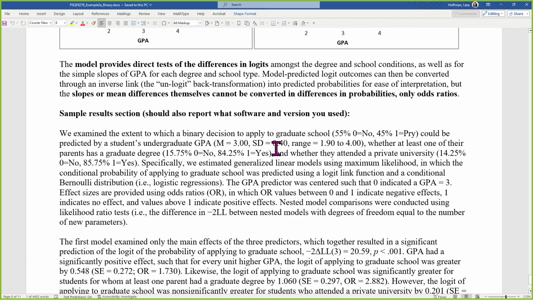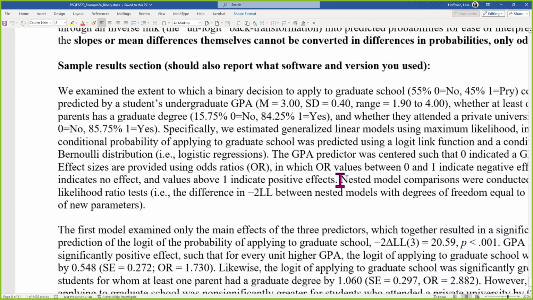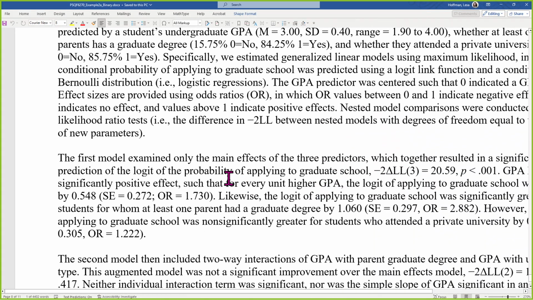Sample results section. All examples that I build in classes have paragraphs at the end that describe how I would write this up for publication. All of them. The way that I do it is like this. So for instance, for every unit higher GPA, the logit of applying to graduate school was higher by this logit slope, in parentheses, the standard error for it, and the odds ratio.